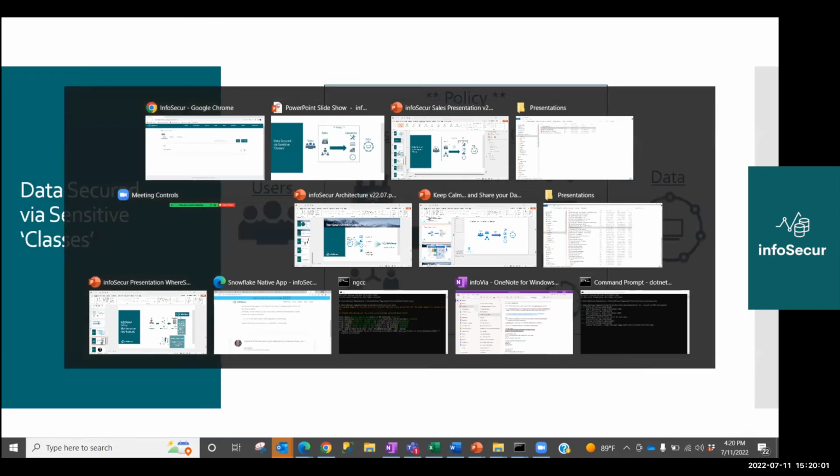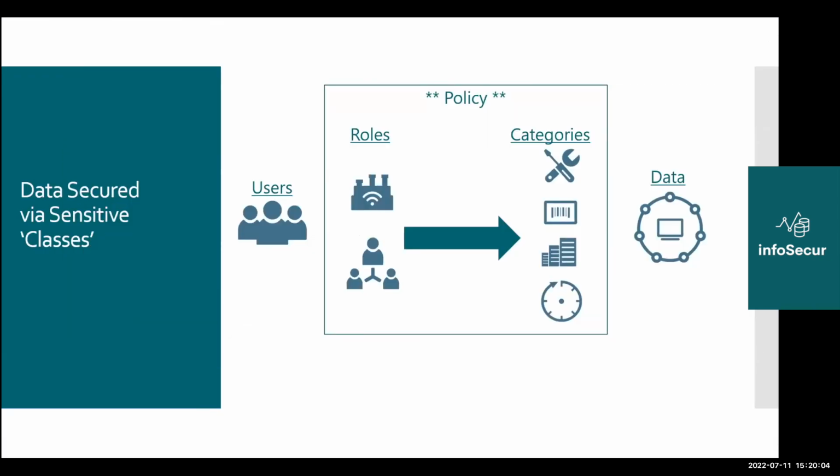So going back to our slideshow, we created a category called transaction, and we created a category called age. We added values to those categories. Then we created a class for the transaction type of payments and sales. And we created another class for the age range of 0 to 18. And we created another class with an exception of the age 18.